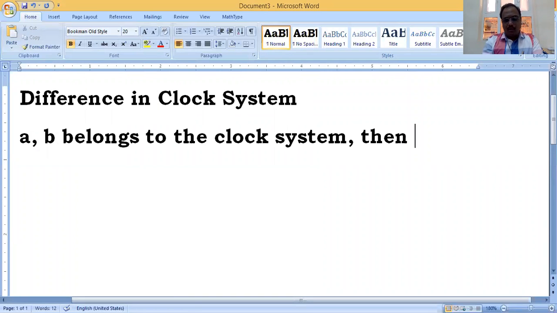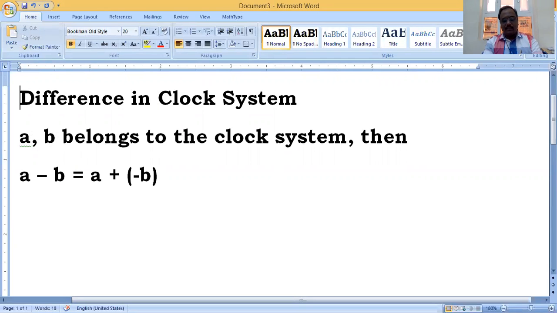Then what is A minus B? We are going to define A minus B as A plus minus B, where minus B is nothing but the inverse of B. We are going to define some problems on this.